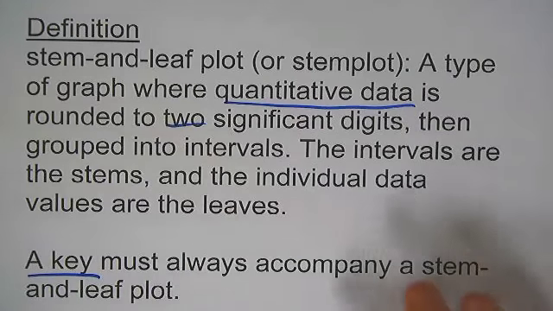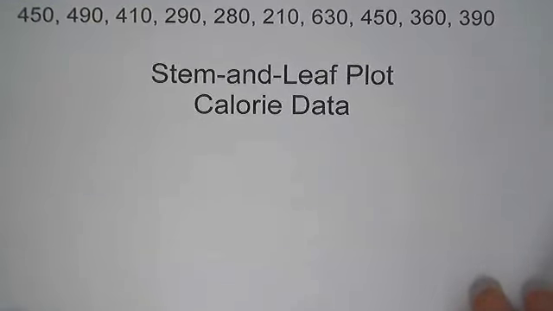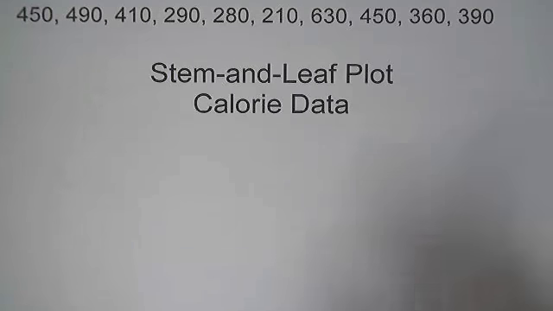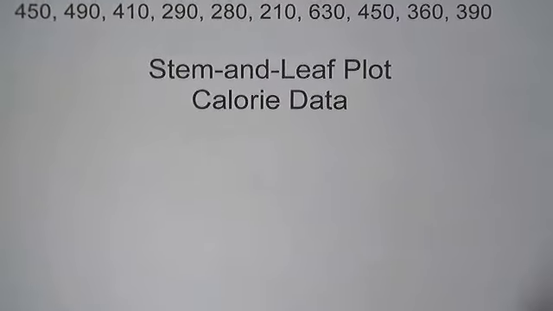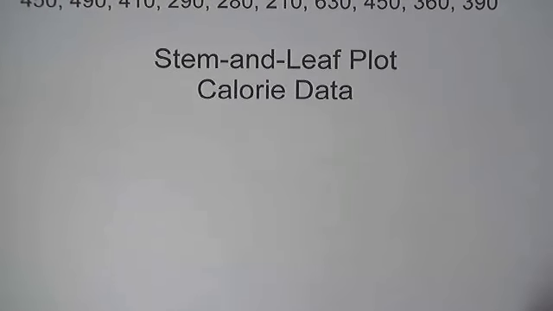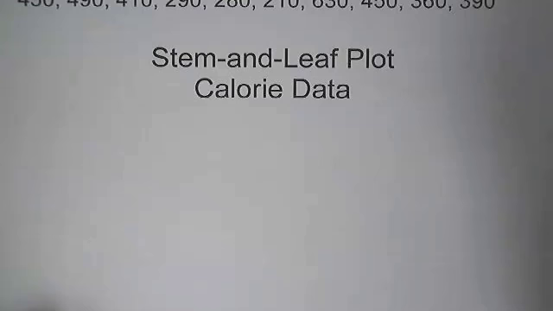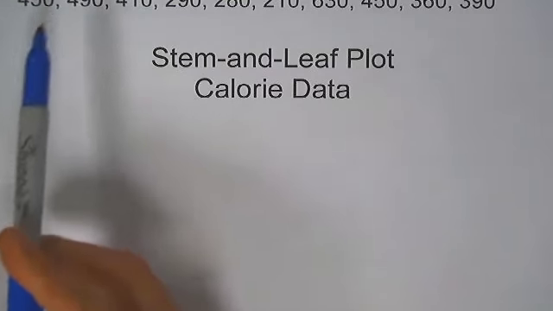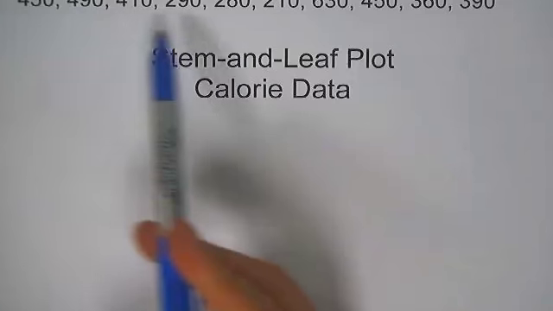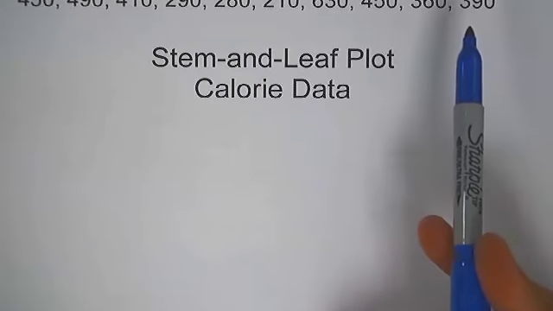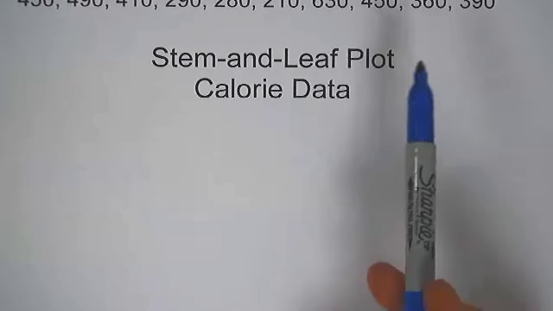All right, so let's try to make a little bit of sense now of this definition. I'm going to make the stem and leaf plot on this page here, and I've included the data above. What's nice about this data set is Subway already rounded these values to 2 significant digits when they reported it.